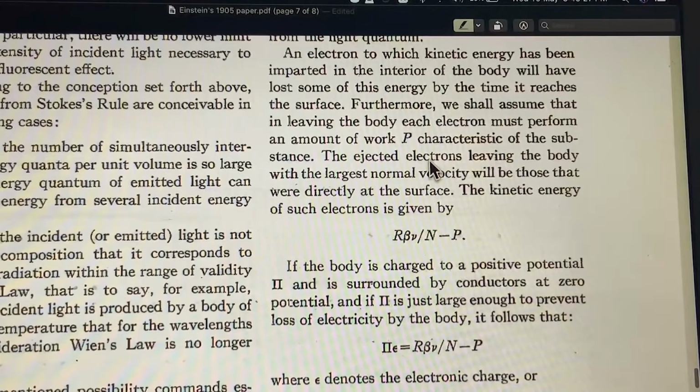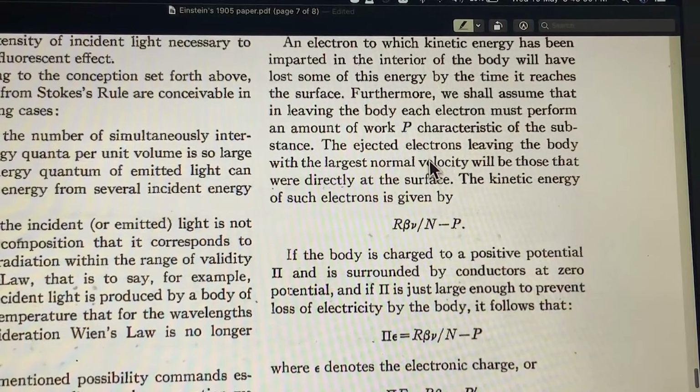So this h nu energy is given to the electron by this energy quantum, and then this capital P is the work function. This is the energy that the electron has to spend if it wants to come out of the attraction of this metal, the bondings and everything.